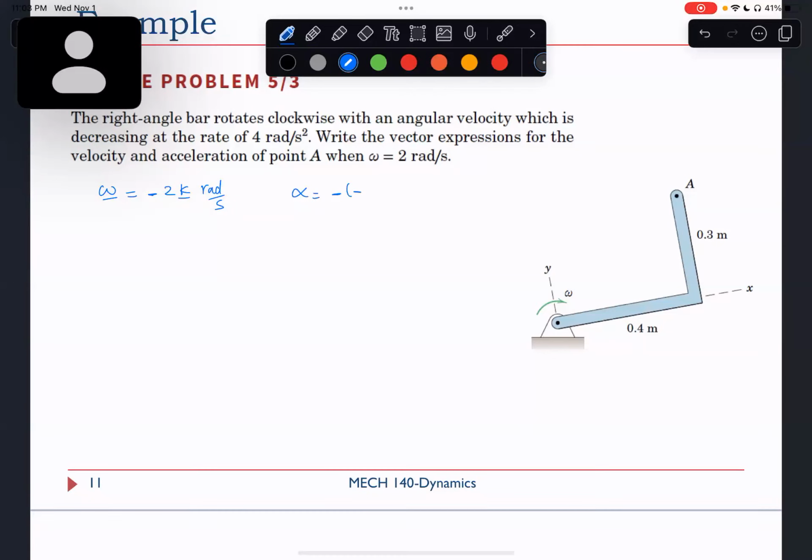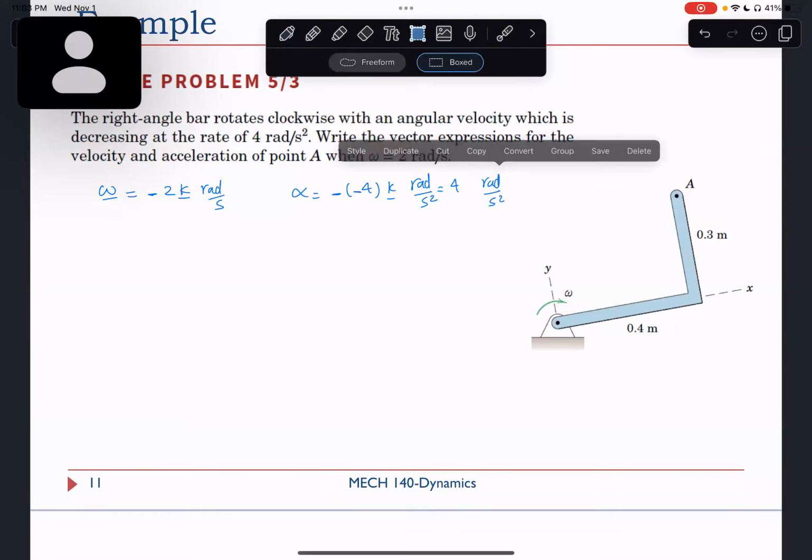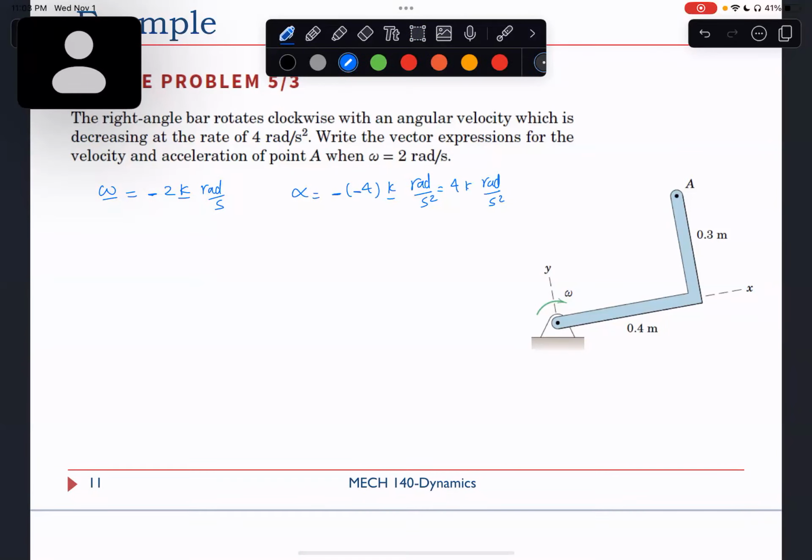So basically, it's going to be minus 4 radians per second squared, or 4 radians per second squared, sorry, it's along k. Okay, so we found the vector form of omega and alpha using the right-hand rule.